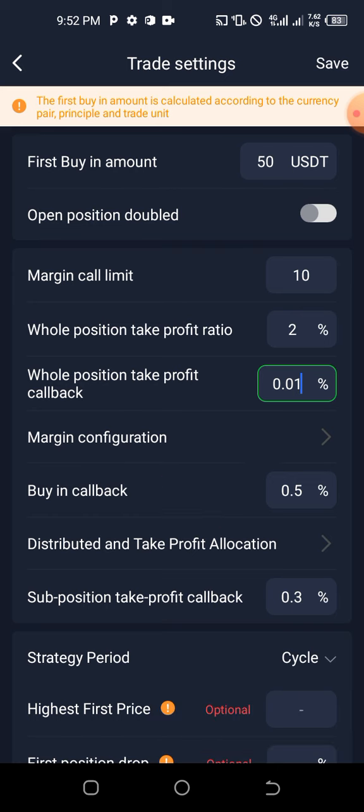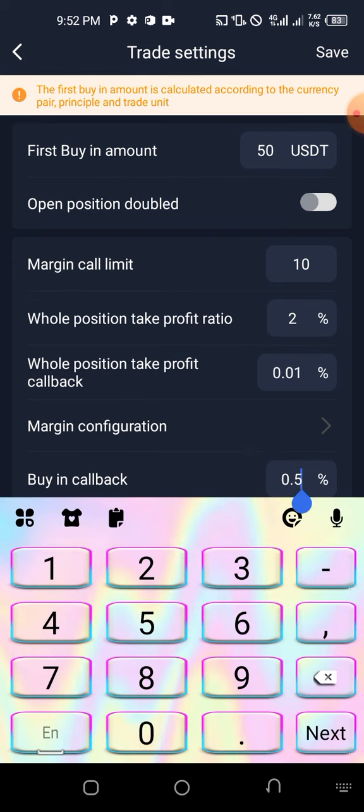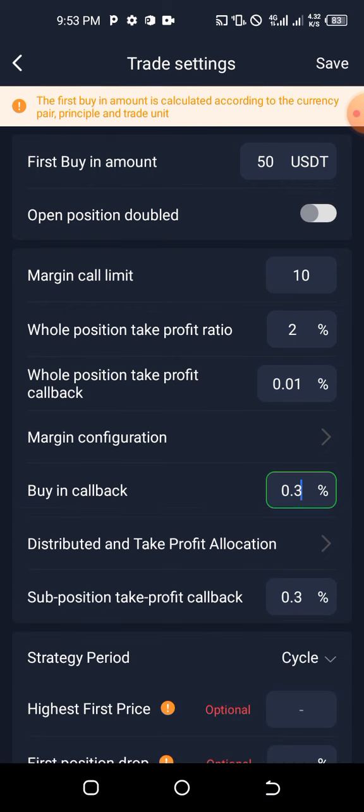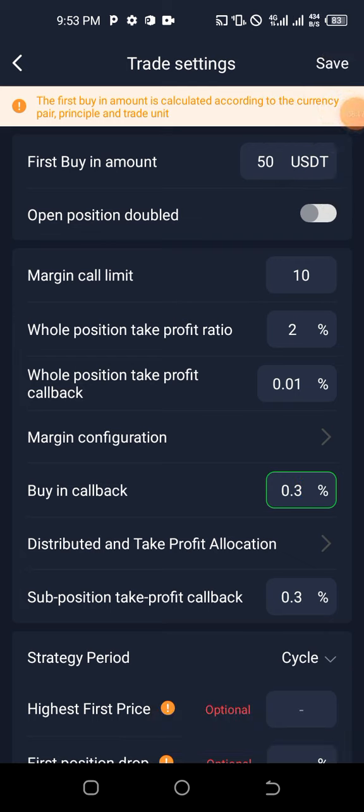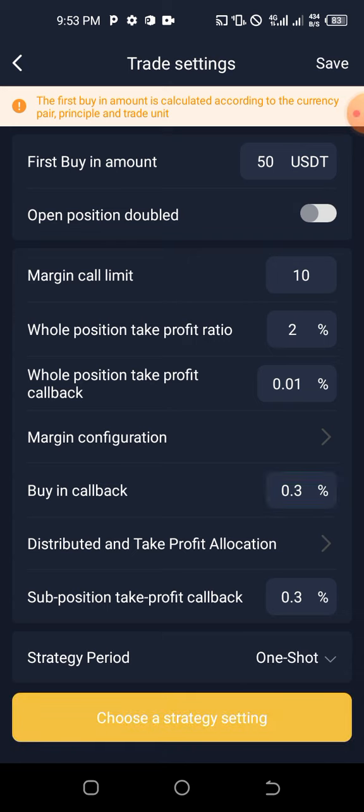Now on buying callback, I reduce to 0.3. Then I make sure that this circle is not there. Okay, so I'll press it and I put one short. Okay, like that. So I'll come back here.